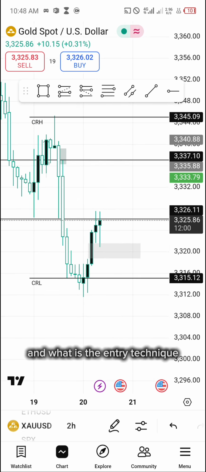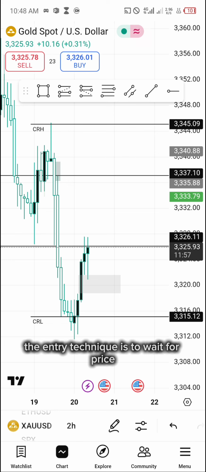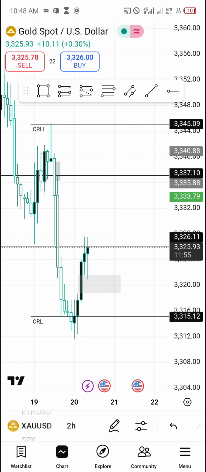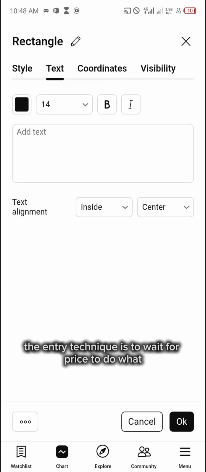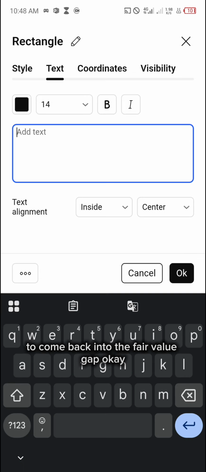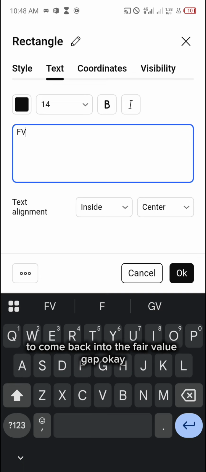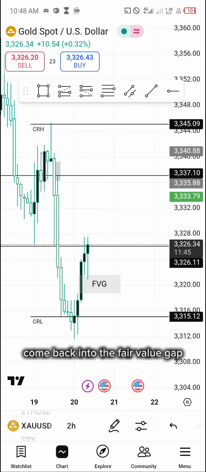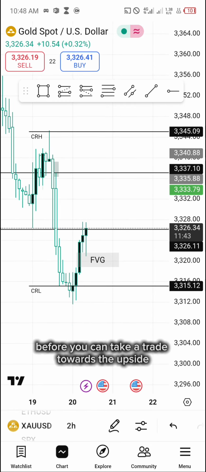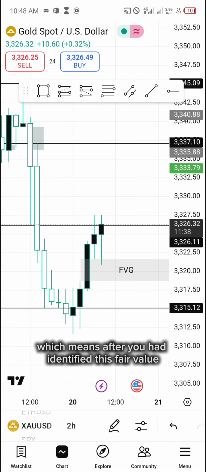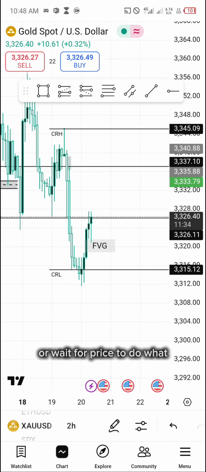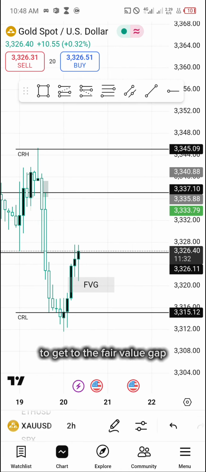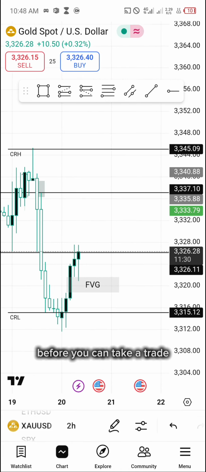And what is the entry technique? As you can see right here, price has already tapped the fair value gap. The entry technique is to wait for price to come back into the fair value gap. After you have identified this fair value gap, you need to place an order or wait for price to get to the fair value gap before you can take a trade towards the upside.